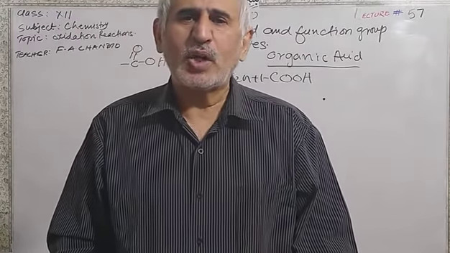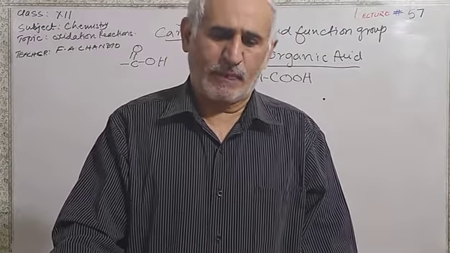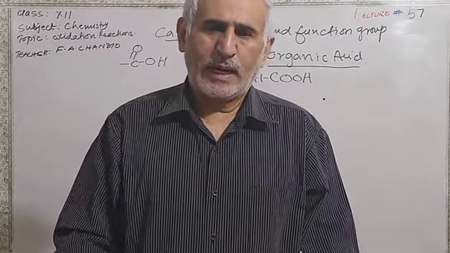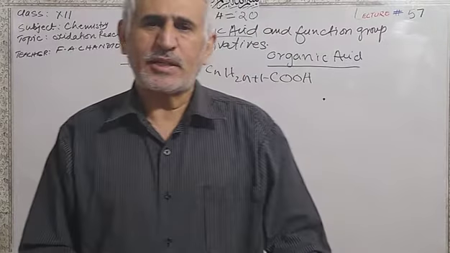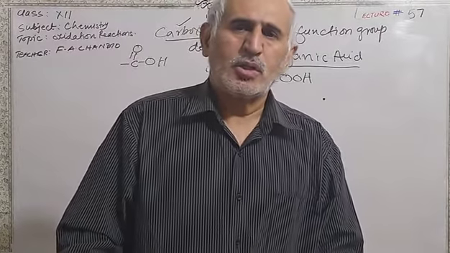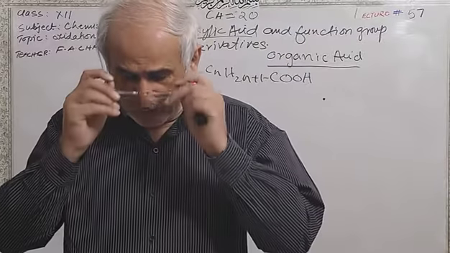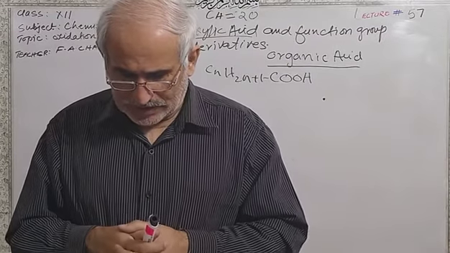In IUPAC, methanoic acid. Acetic acid, acetum, it is present in the vinegar, that's why we call it acetic acid. Butyric acid, present in butter. So these are the common names we give for the acids here.